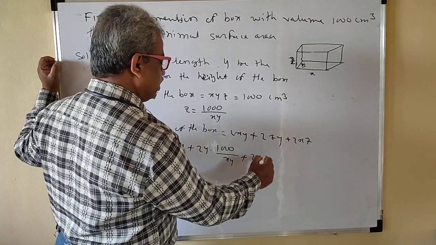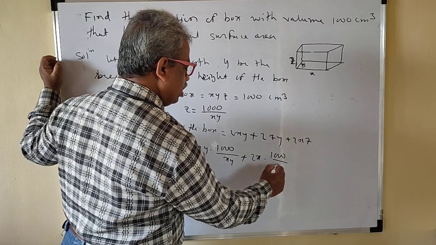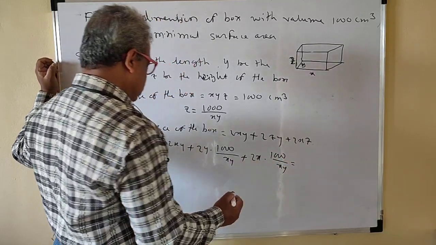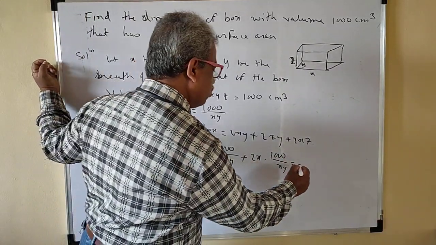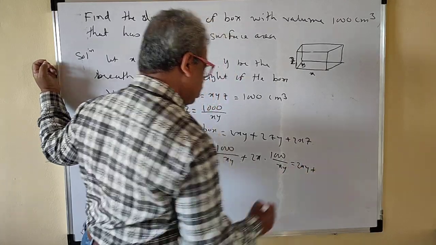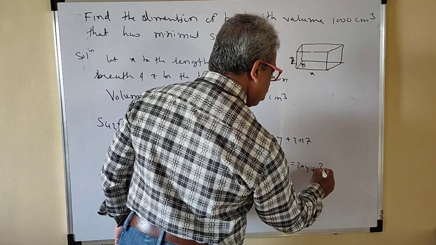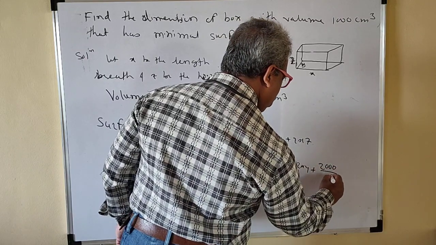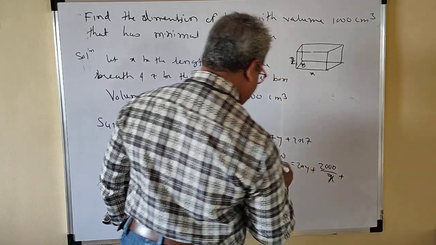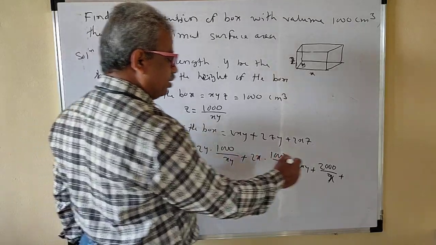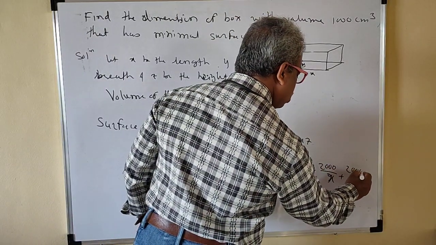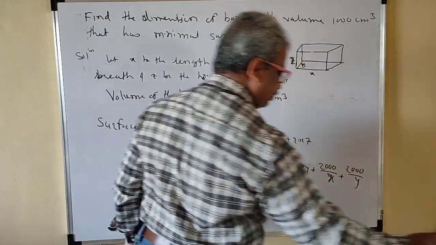So S equals twice xy plus 2000 upon x, since the y gets cancelled, plus 2000 upon y, since the x gets cancelled.